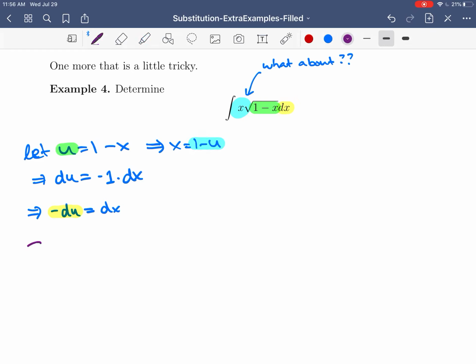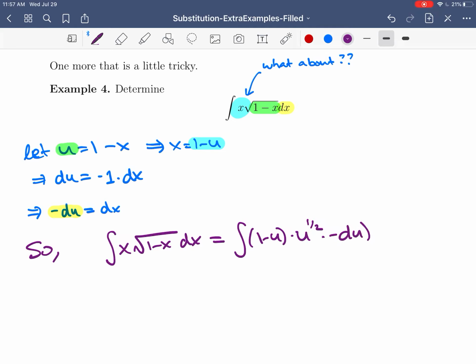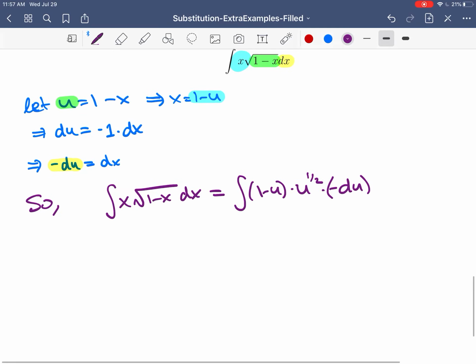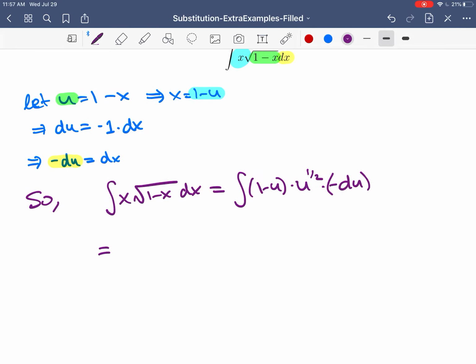So that means my integral x square root 1 minus x dx is going to be 1 minus u times square root of u, or u to the 1/2, times negative du. Okay, so if I expand this out, why is the u version better than the x version?